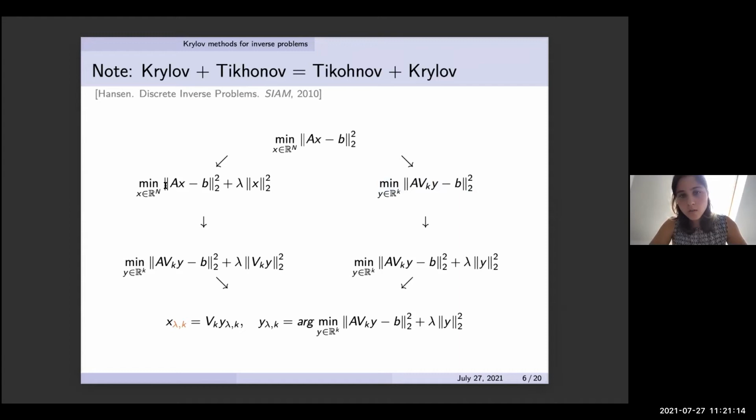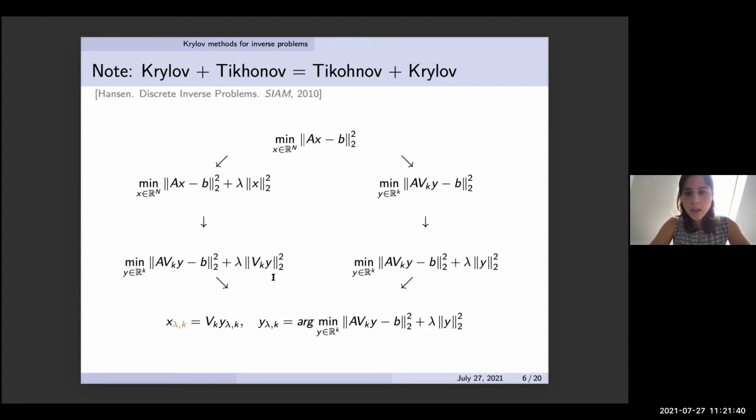And on the other hand, we could just add regularization. And if we could solve this, which usually, because in our scenario we're thinking about large scale problems, we will not be able to directly solve this. But this in itself, without any projection, is a regularization method because we're adding a regularization term which enforces some good properties in our solution.